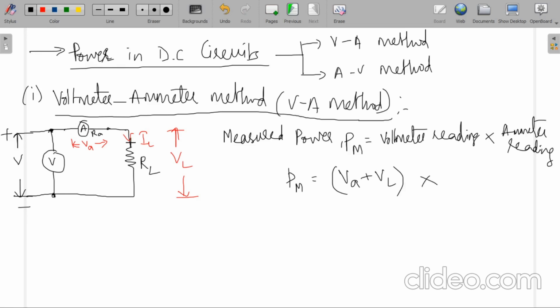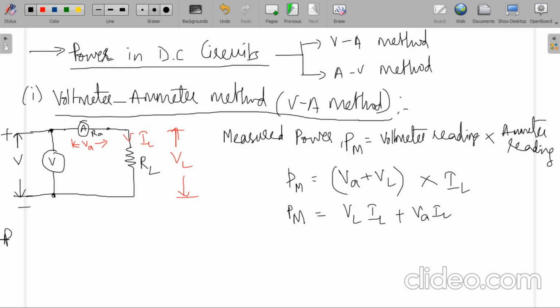This directly gives the current flowing through this RL, so the ammeter reading will be IL. So PM is equal to VL IL plus VA into IL.